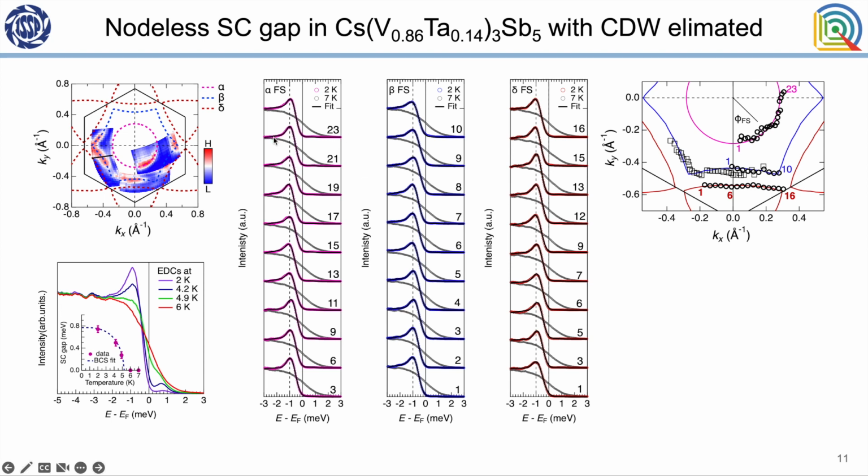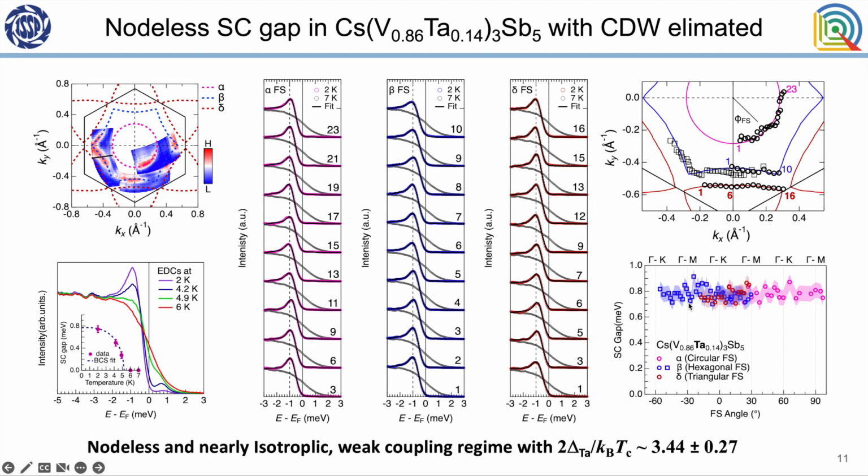All these peaks are located around 1 meV below EF, and the fitted gaps are plotted as a function of Fermi surface angle in this figure. It shows a nearly isotropic gap with an average value around 0.8 meV.